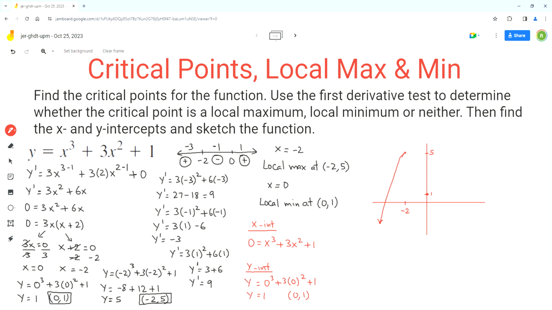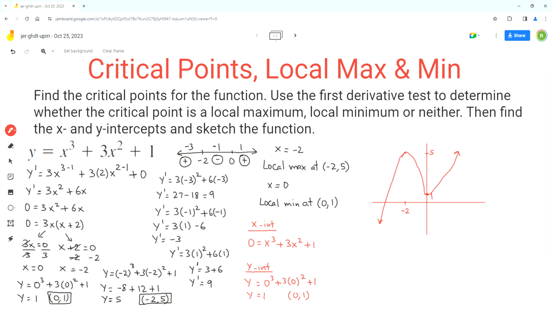So it should slope downward all the way to the local minimum. So any tangent that we draw to this part of the graph should have a negative slope. And then to the right side of 0, the function is increasing. So as we go from left to right, the graph should slope upward. So this can be the sketch of this function.